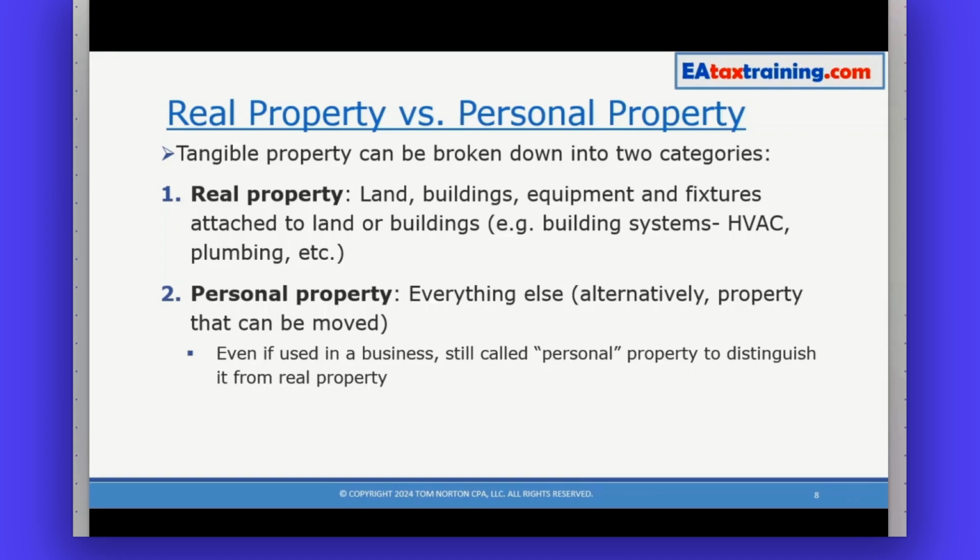In a business, think about when you go into a business, you see chairs and desks and shelving and racks in a retail setting. If you're in an office, you've got cubicles and those dividers between the cubicles. That's all personal property. Things in a warehouse like forklifts and shelving, that's all personal property. So that's the distinction between personal and real property.